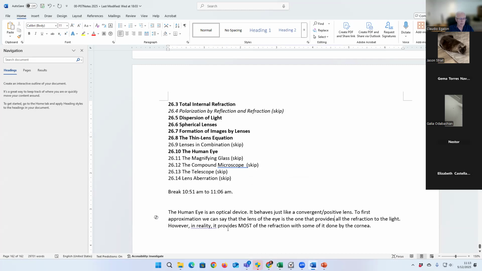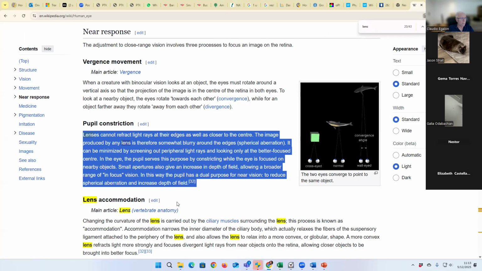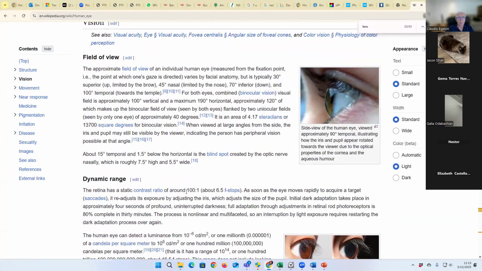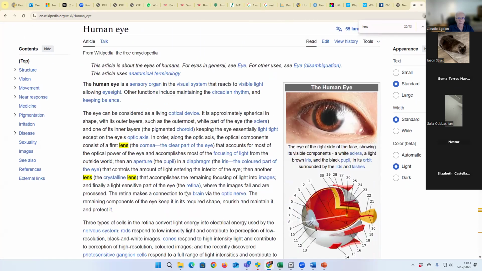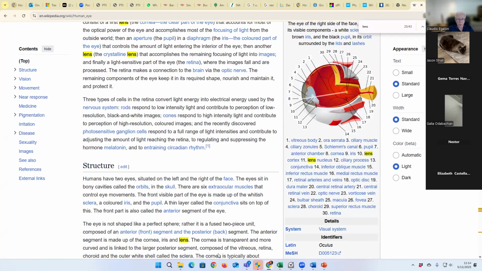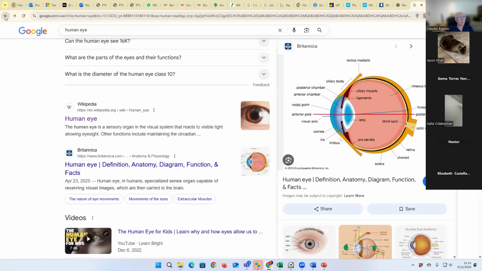However, in reality, it provides most of the refraction, with some of it done by the cornea and the vitreous body.